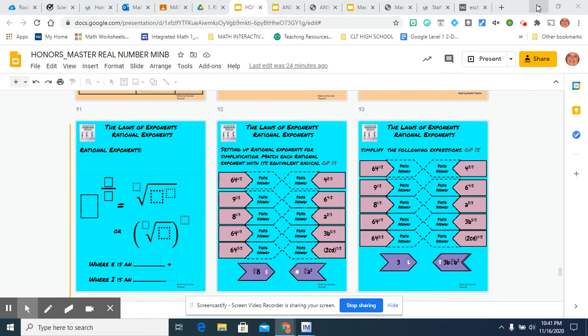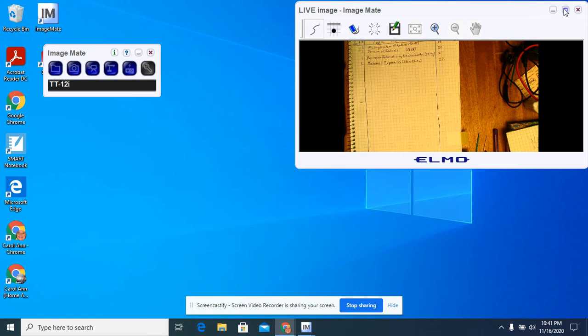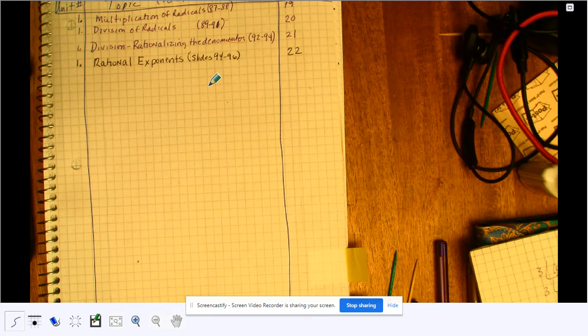So let's go to our paper interactive notebook. Our TOC for today is rational exponents. They're going to be slides 94 through 96 after you move them up into position. I'm on page 22 in my notebook.